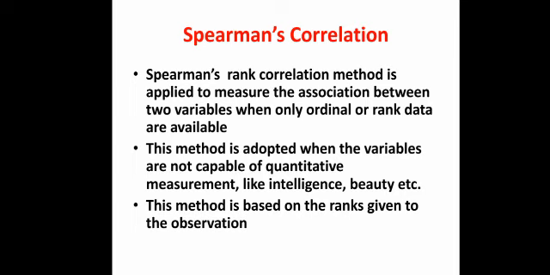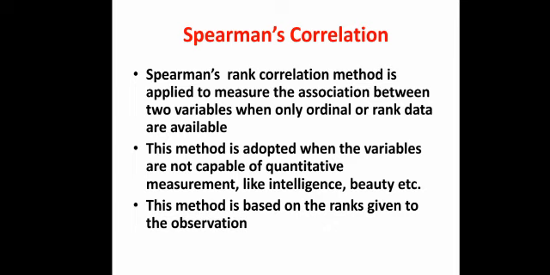Spearman devised a method for measuring correlation between two variables. This method is based on the ranks given to the observations. The correlation obtained by using this method is called the rank correlation coefficient or Spearman coefficient of correlation.